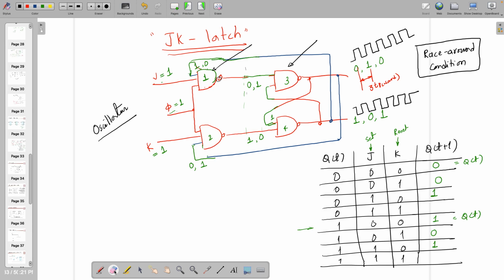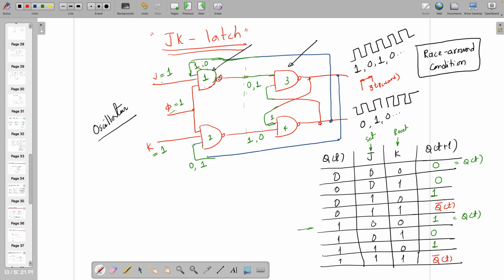If you change it the other way around also, if it is 1 and if this is 0, then also the situation will be the same and it will flip to 0, then 1, 0 and so on and so forth, right. In this case you can write down that here what we are getting is actually q bar of t.